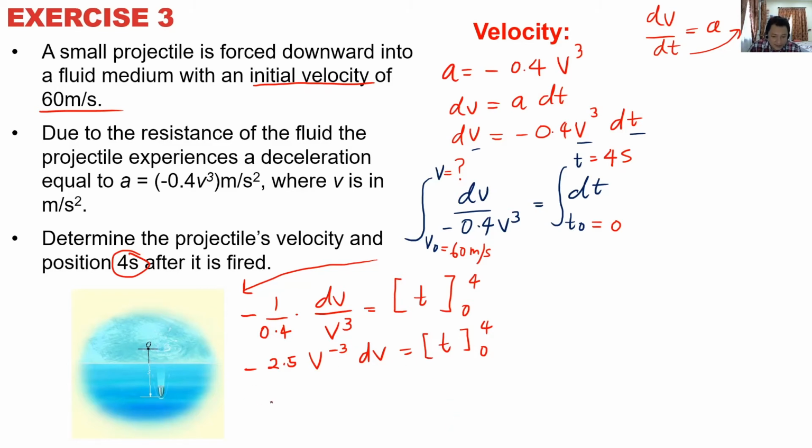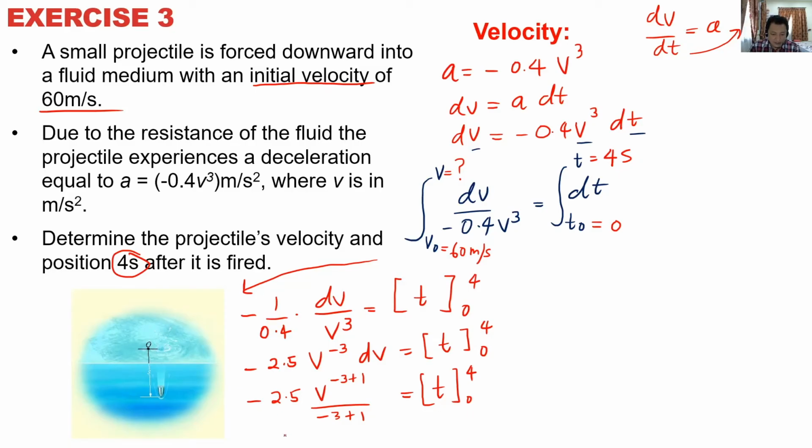So just integrate this one. Negative 2.5 v to the power of negative 3 plus 1 over negative 3 plus 1 equals t, from 0 until 4.